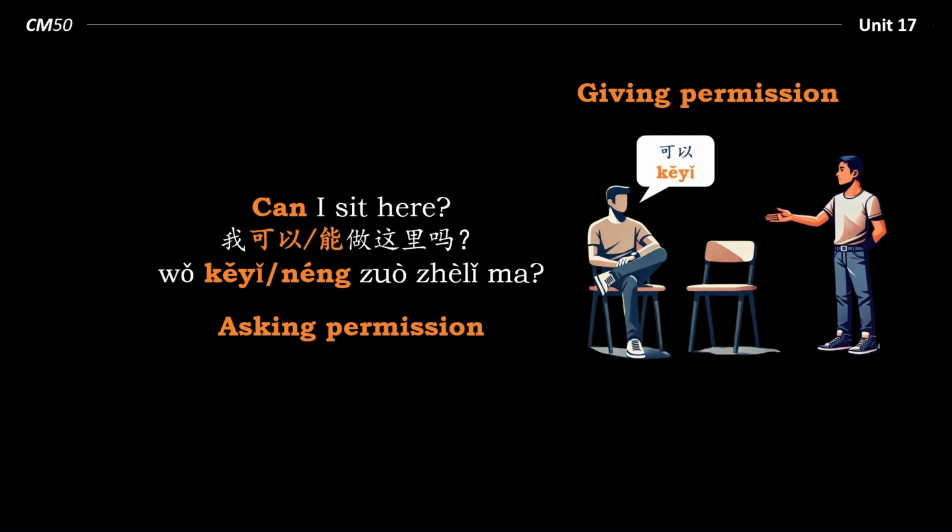To ask permission, we can either use 可以 or 能. But to give permission, we can only use 可以. We cannot use 能. This would be incorrect. Even if the person asking has said 我能坐这里吗? The only accurate and grammatical response would be 可以 or 不可以. We cannot say 能 or 不能.